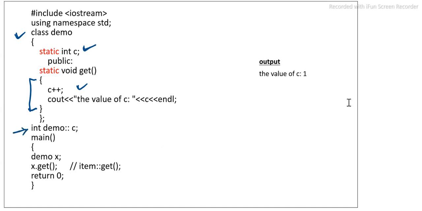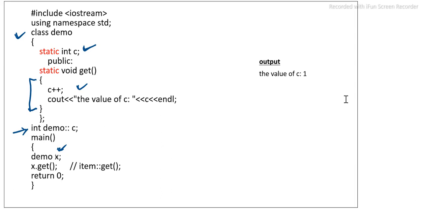Now in this statement you can see the initialization of the static member variable, where we are defining the static data member here. It is by default initialized to 0, and it is an integer type, static integer type. Inside the main function we are creating the object x. For the object x we are calling the get function, which is a static function.